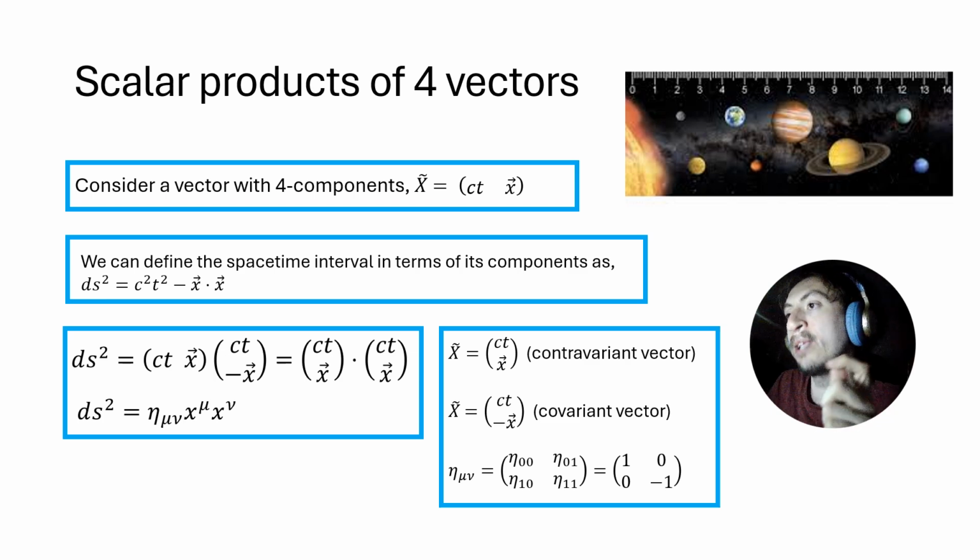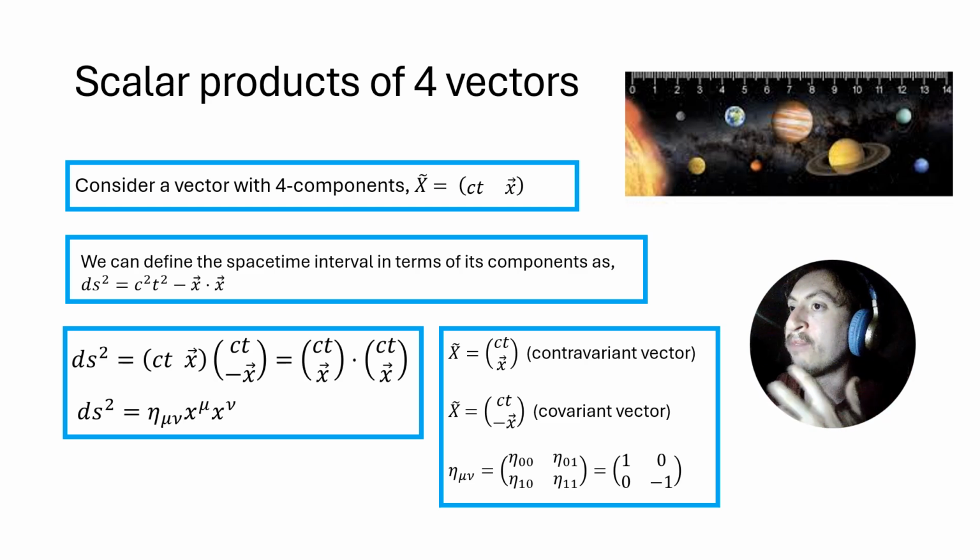Now this eta mu nu is the matrix which tells us about whether the covariant and contravariant vector are going to be different, and how they're going to be different, and therefore define scalar products or distances in space-time.